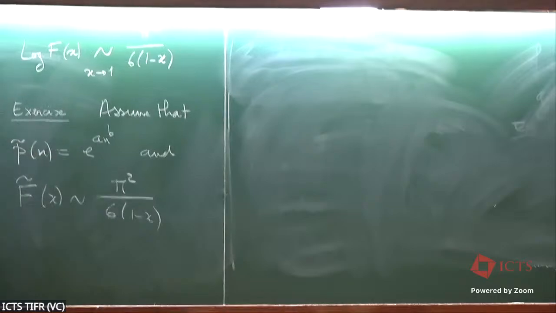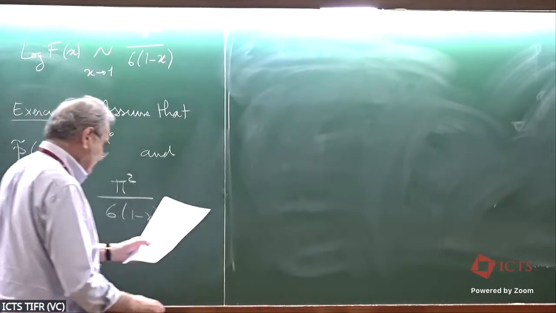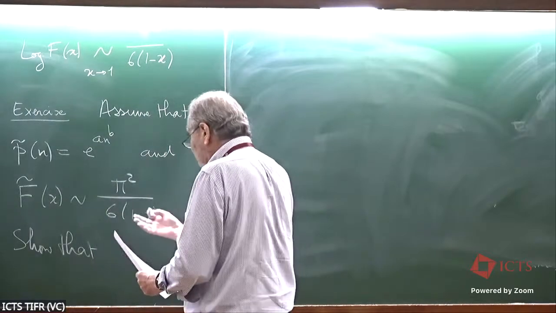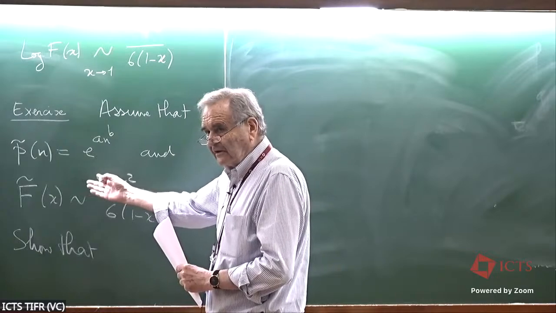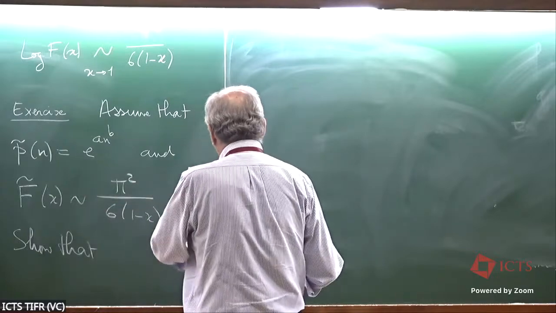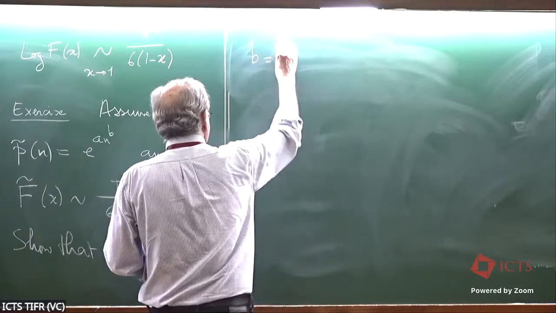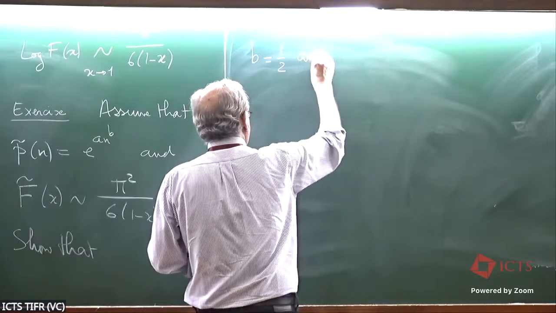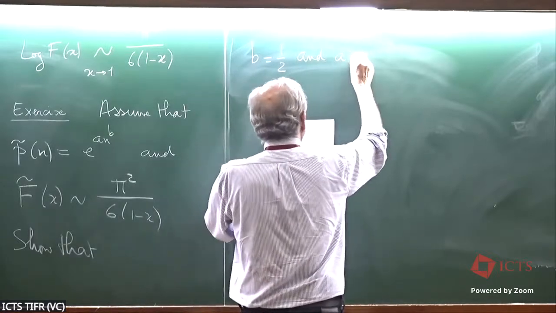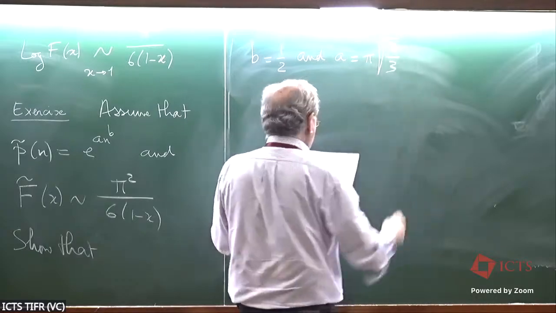So if I have this, then show that p tilde of n behaves like e to the a n to the b, to say where it comes from, the two coefficients a and b. Show that b is equal to 1/2. This is the easiest one to get. And a is a little bit more computation, but there's nothing too difficult: 2 over 3.